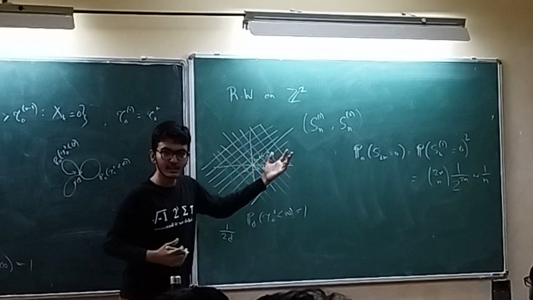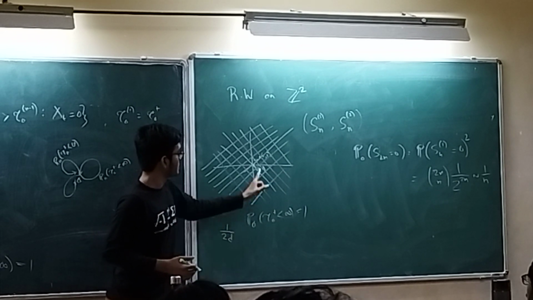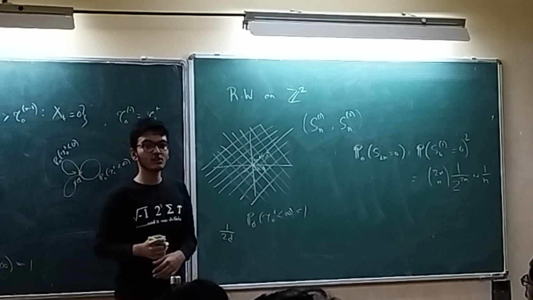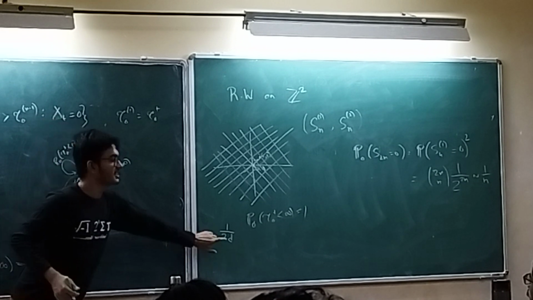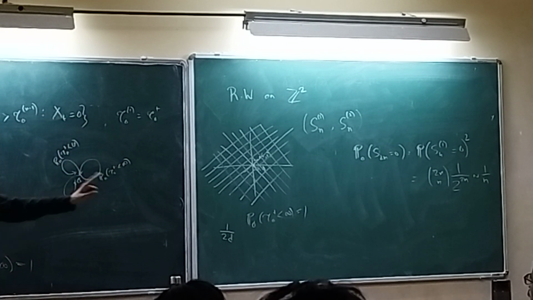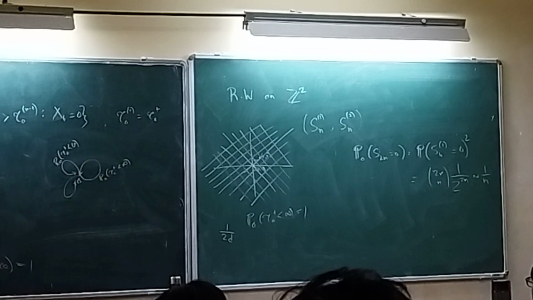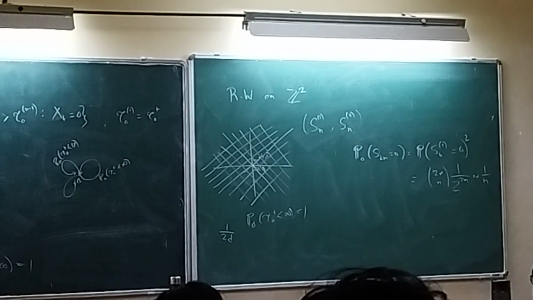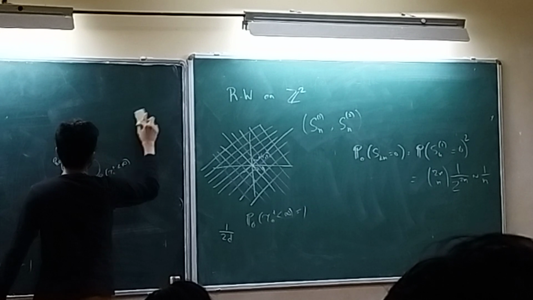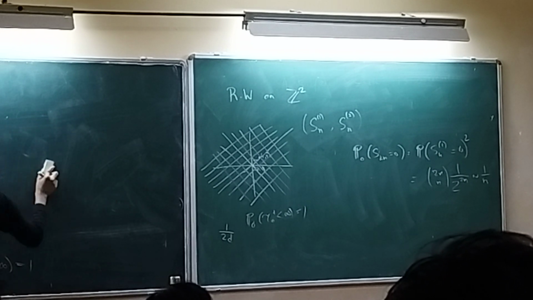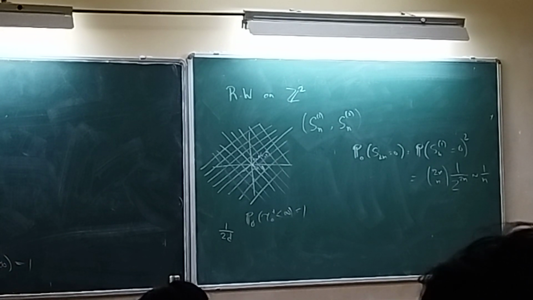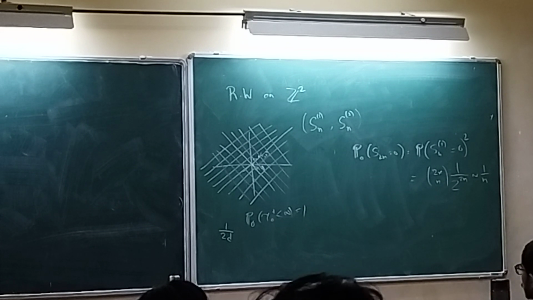If I take 3 independent random walks, the probability of moving to each point will become 1 by 8. But we need it to be 1 by 6. So this argument only works for d equals 2. You have to work with it more in order to use the relation.